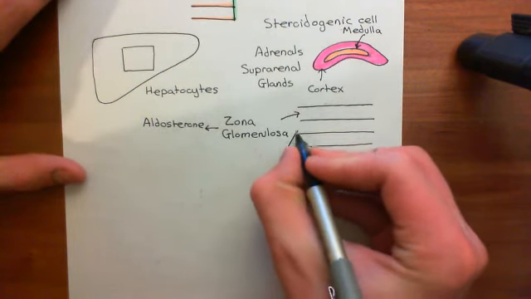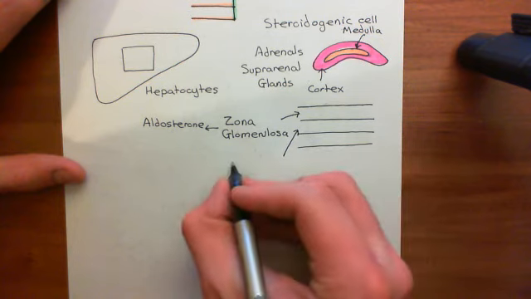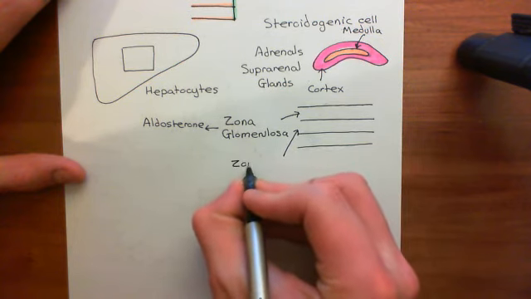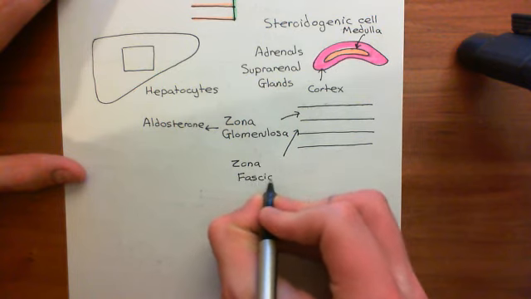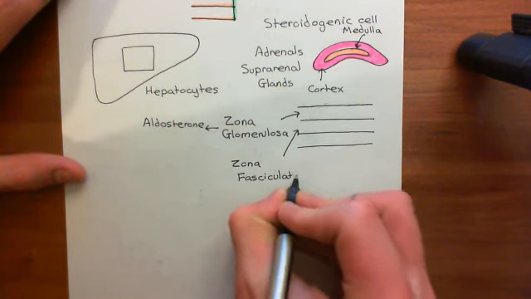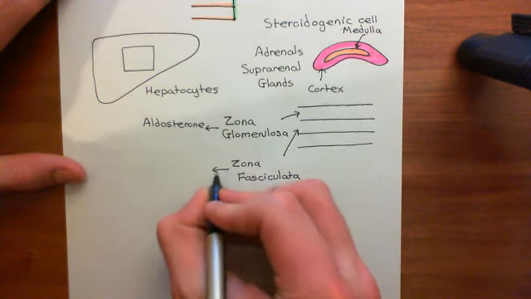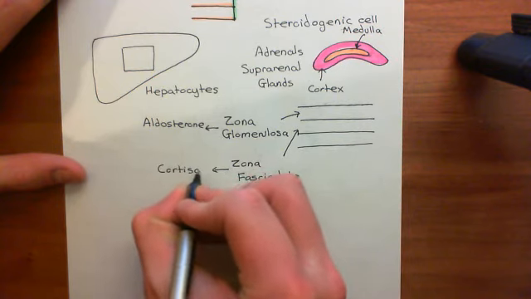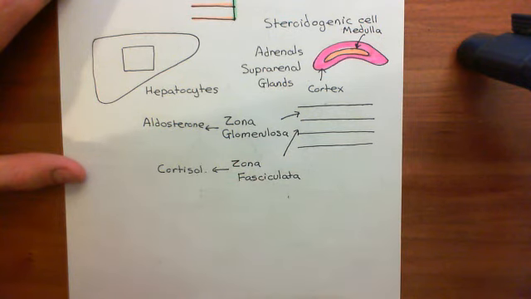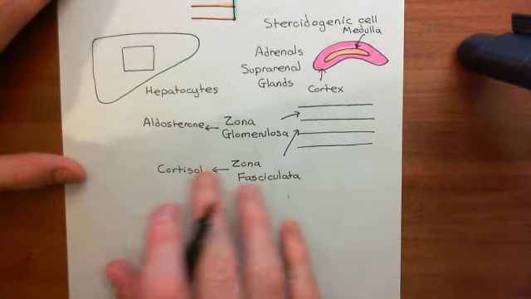The second layer, underneath the zona glomerulosa, is the zona fasciculata. This is involved in the synthesis of glucocorticoids, the main example being cortisol, which is involved in blood glucose regulation, hence why it's called a glucocorticoid, but also in the more general response to stress, basically. It's a very difficult hormone.